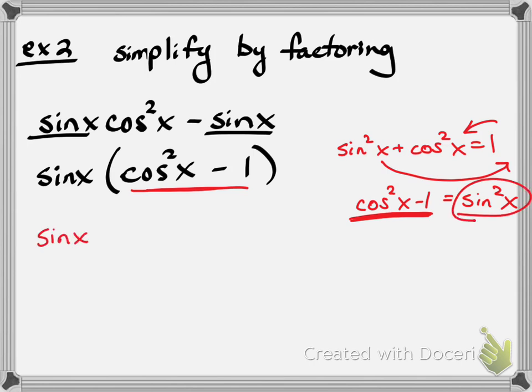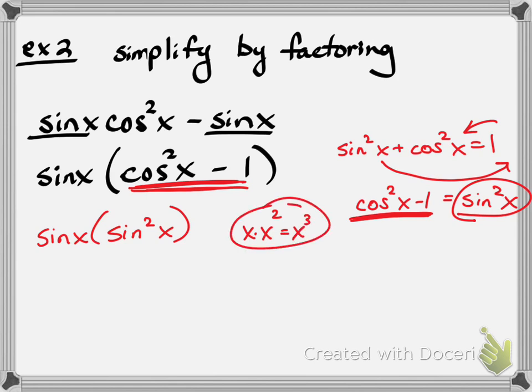So let's replace this with what it's equal to. And this is multiplying like bases, just like this is. When you multiply like bases, you add exponents. This is just a little example. So when we multiply these sines together, we add their powers.